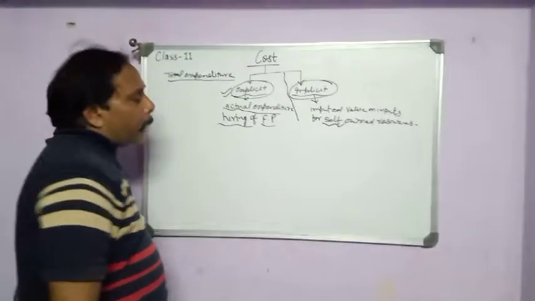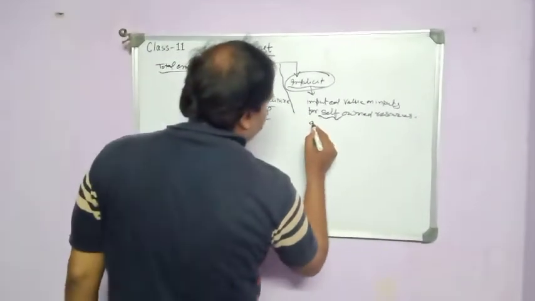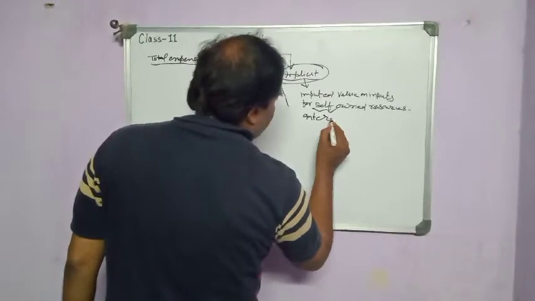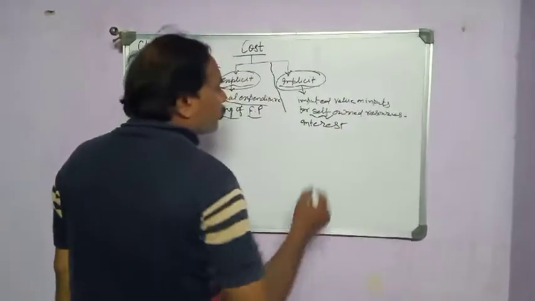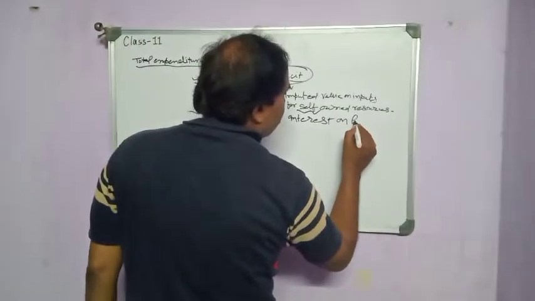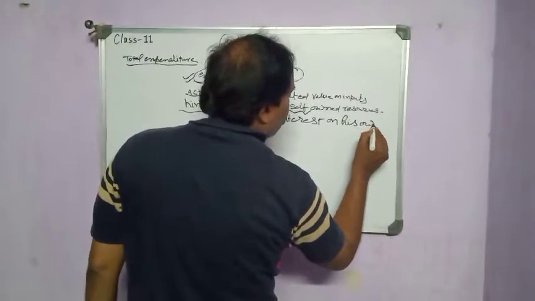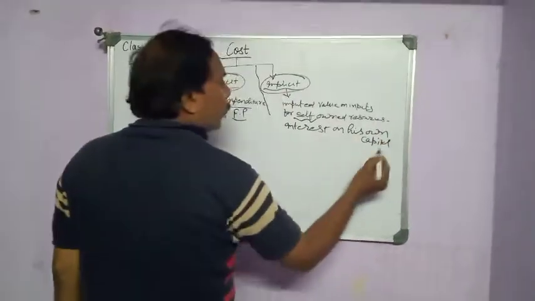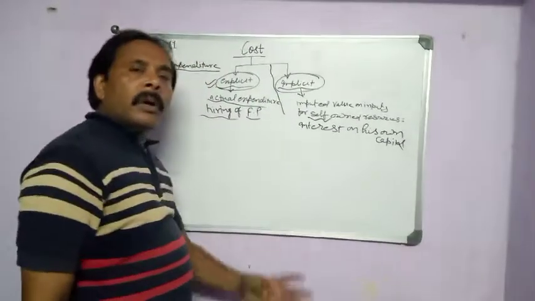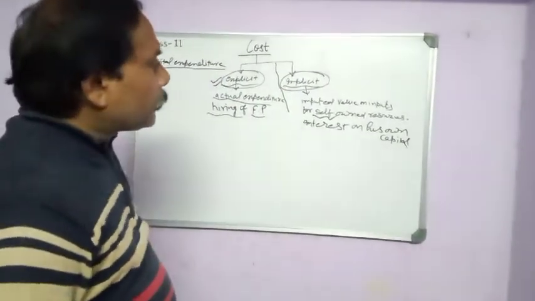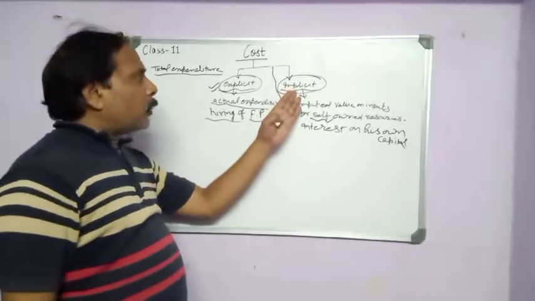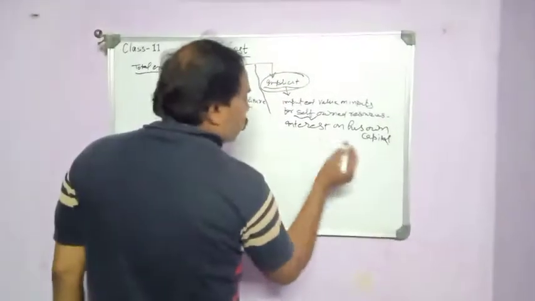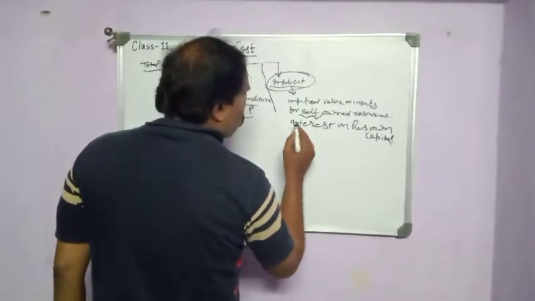So for example, interest on his own capital, rent for their own house. Okay, so these are the values of implicit cost.